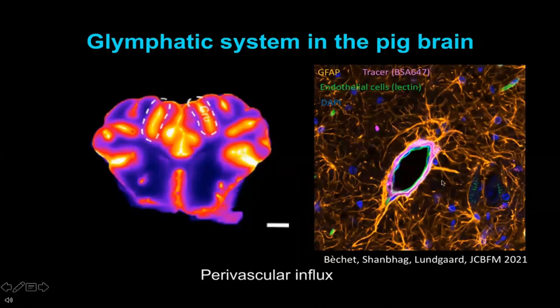And what was very important was that the tracer, seen in purple, was also localized in the perivascular space between endothelial cells and astrocytes on the outside. So this tells us that the microarchitecture of the glymphatic system is the same. So in larger mammals, when we see CSF distribute to the brain, it also does that in a perivascular manner.